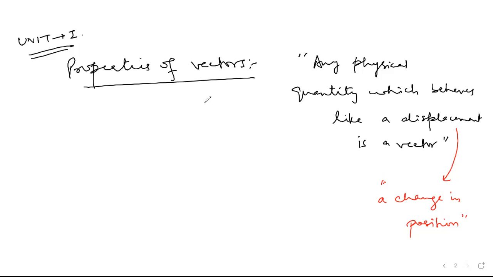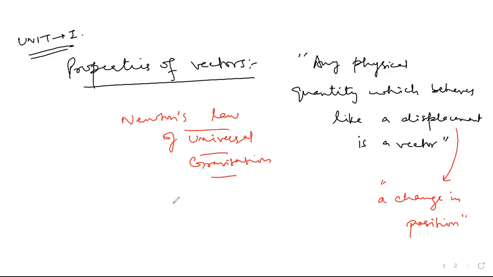When we express laws of physics, for example, when we write Newton's law of universal gravitation, how do we write it? We write F is G m1 m2 by r square.